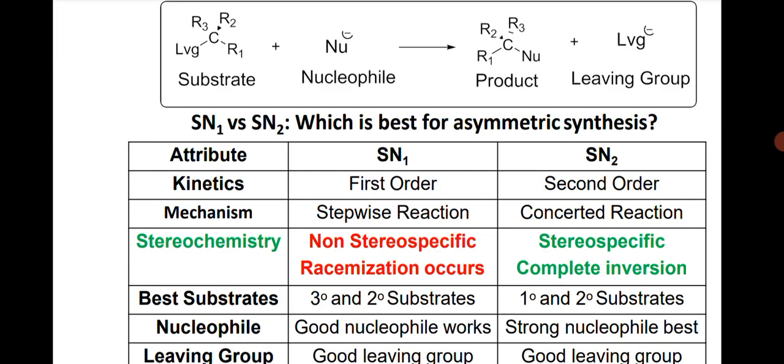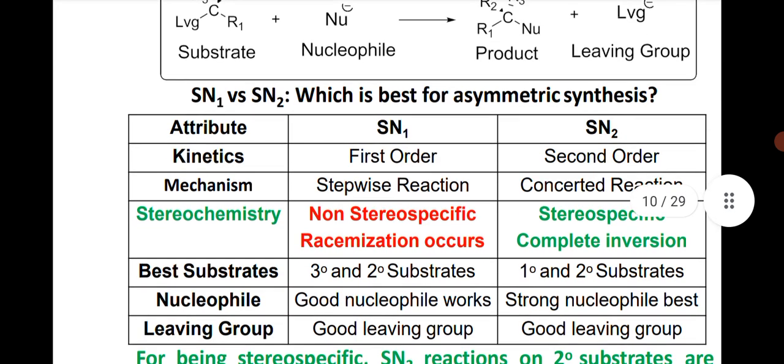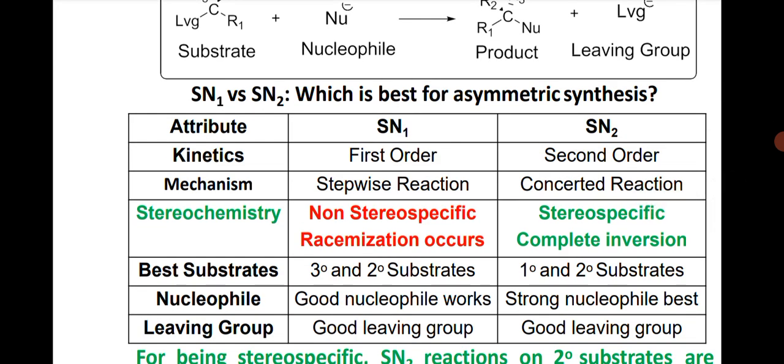While in the case of SN2, we have a stereospecific reaction. What is a stereospecific reaction? Stereospecific reactions are those in which we get only one product, with no formation of a mixture. Stereospecific means we have a specific product for a specific reactant.